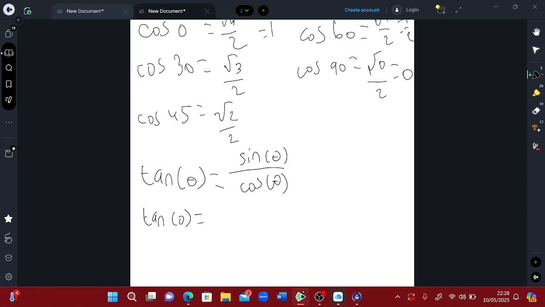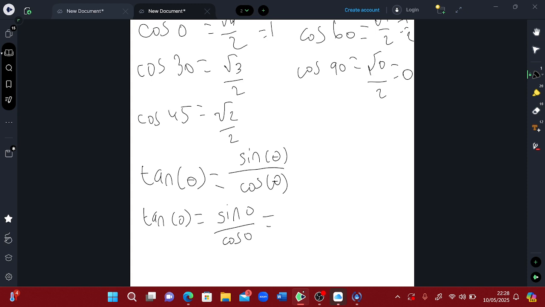So let's do these values, tan 0. That's going to be sine of 0 over cos 0. And if you're struggling with finding these values, use the fingers, work out what the sine is and the cos, and then divide them. This will always be true as well. Always. In A level, you look at this as well. But remember, divide the sine by the cos to get tan.